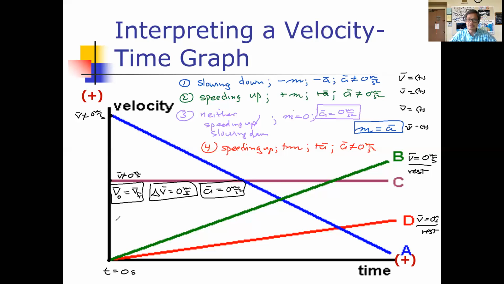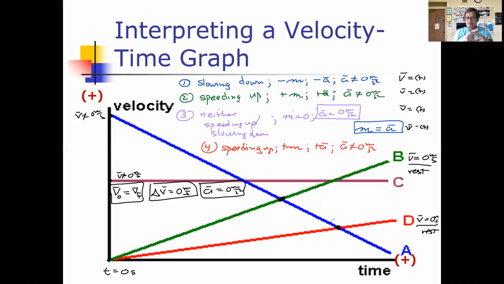The question then is, do these objects ever meet? Again, you have to be careful about this, because when we were talking about position-time graphs, we were talking about how if the lines intersect each other, then the objects cross paths. But understand, what we were given in the position-time graph is the positions of the objects.